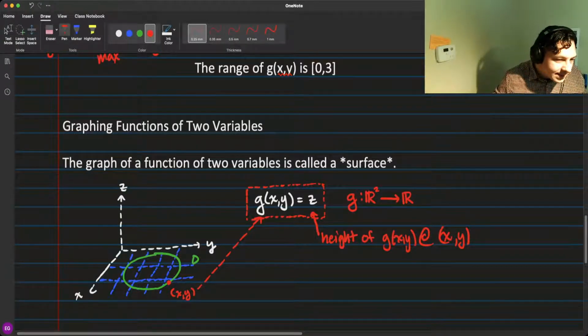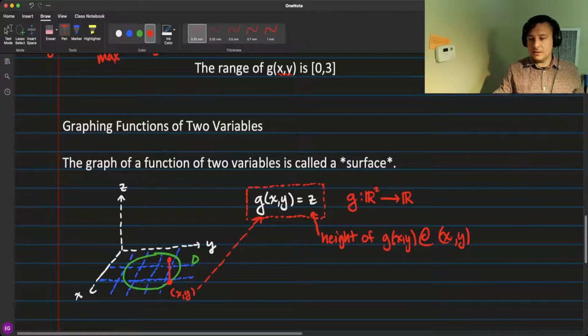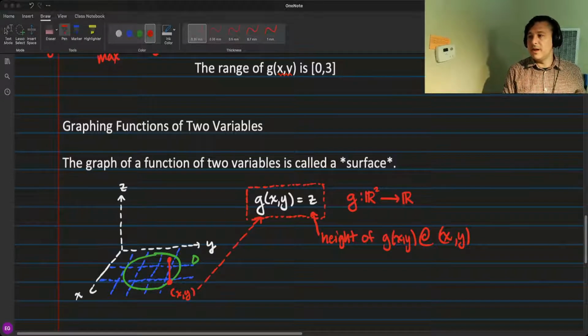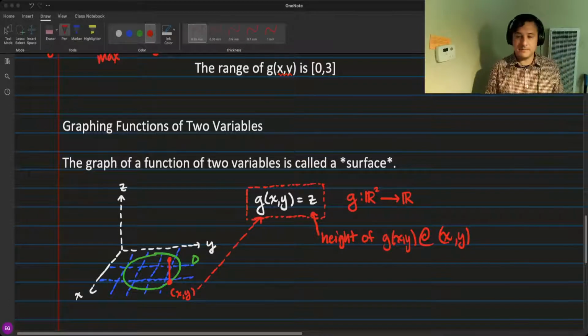So x comma y gives you some height. Does everyone see how I drew this line segment right there? The height of that line segment right there is my z value.